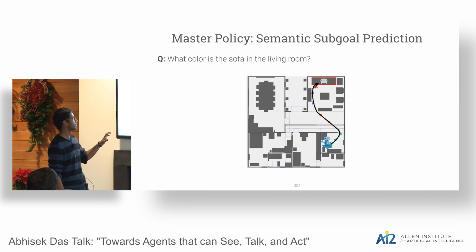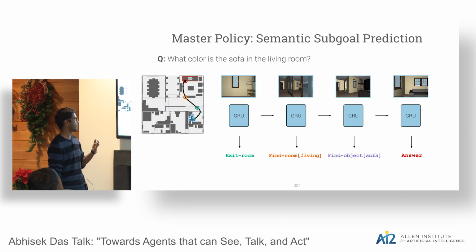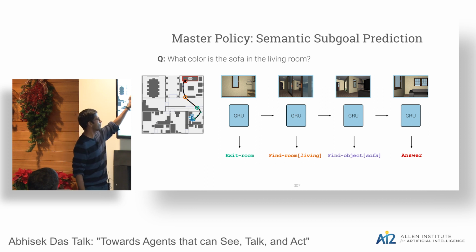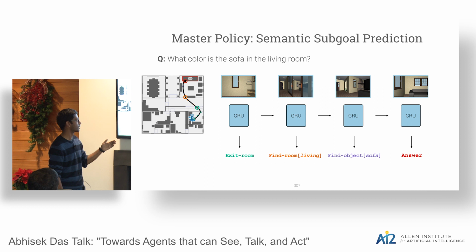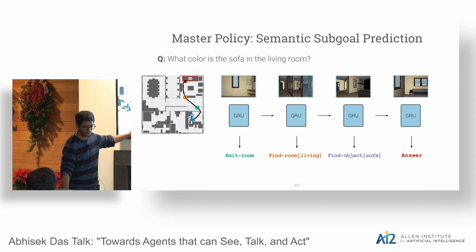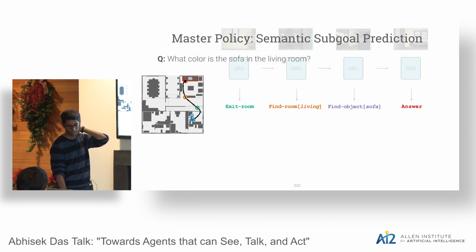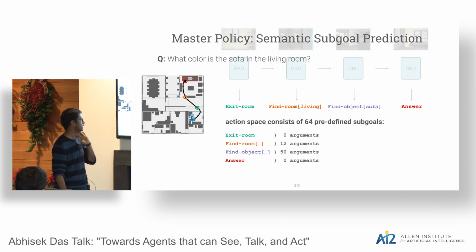Diving into more details, the task for the master policy in this model is to predict a sequence of subgoals. It's just a recurrent neural network that's looking at the image frame and the question, and predicting a sequence of subgoals. The action space for this master policy is a space of 64 predefined subgoals. So it's not discovering these subgoals. These subgoals are hand-defined for this data set.